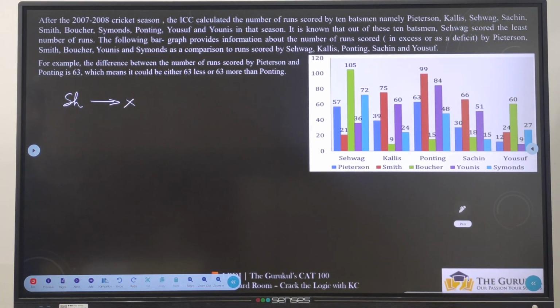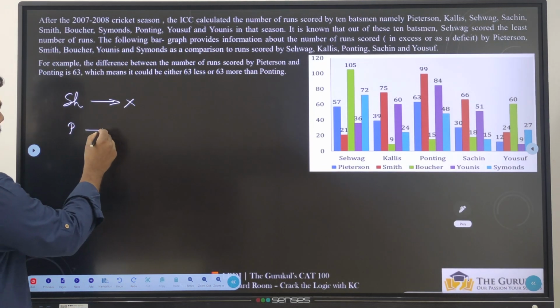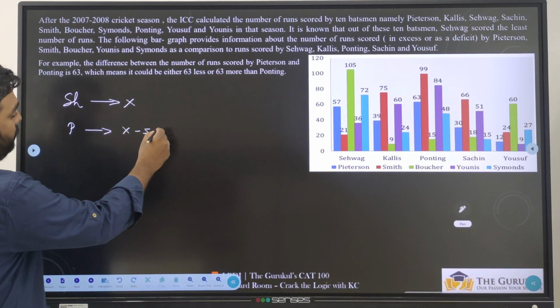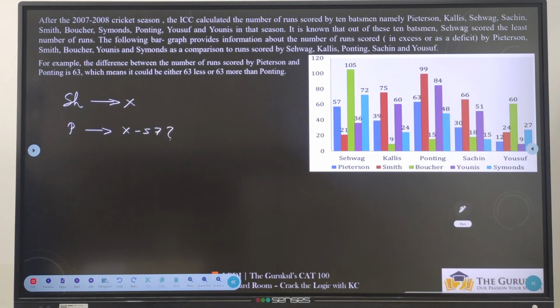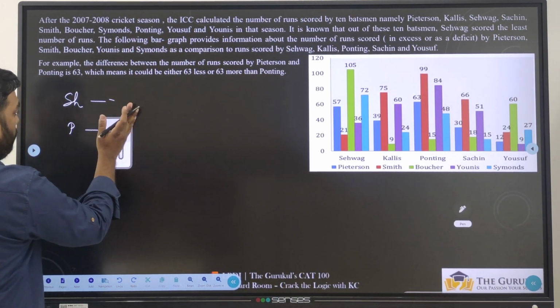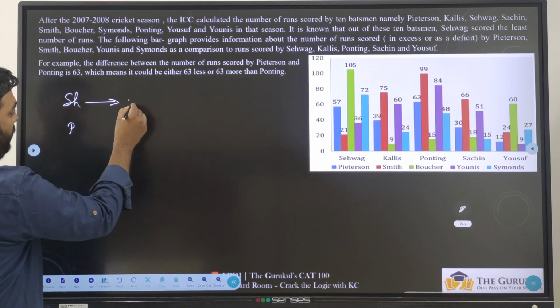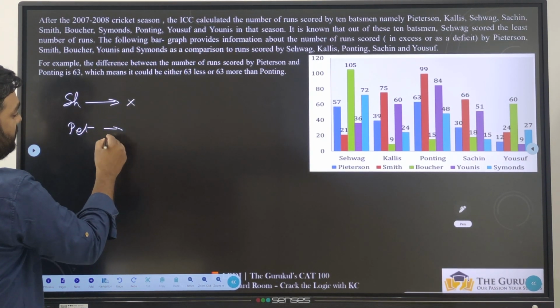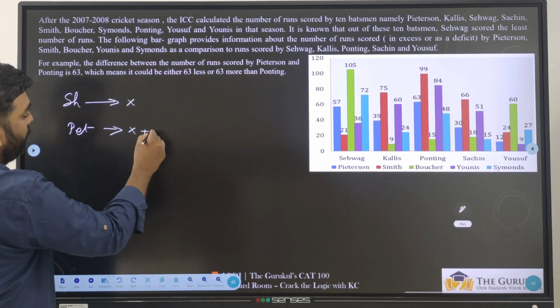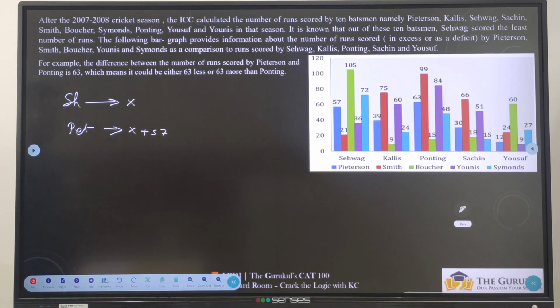Perfect. If Sehwag scored X runs, Peterson's score 57 less than X, can he score X minus 57? Is this possible at all? Perfect. This is not possible. If Sehwag scored X runs, Peterson should be scoring X plus 57, because they clearly gave us Sehwag is the lowest person. No one can get less than Sehwag.